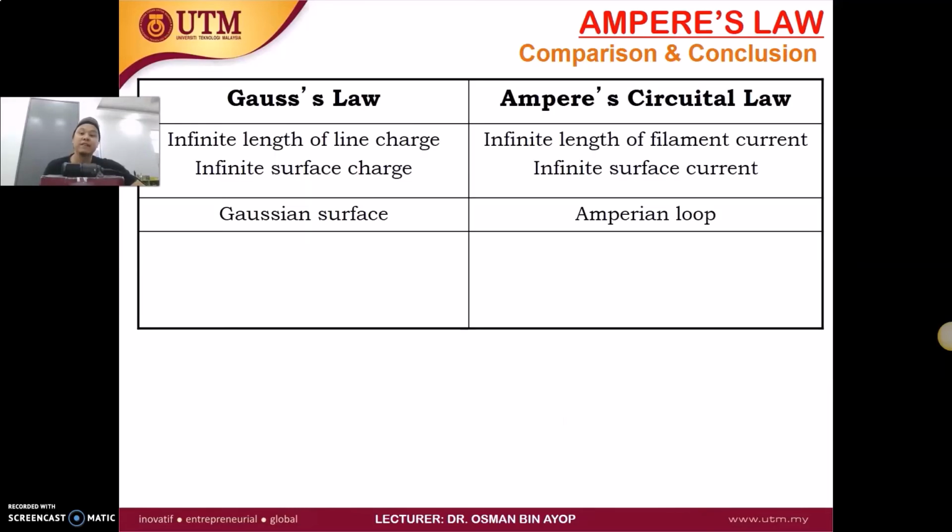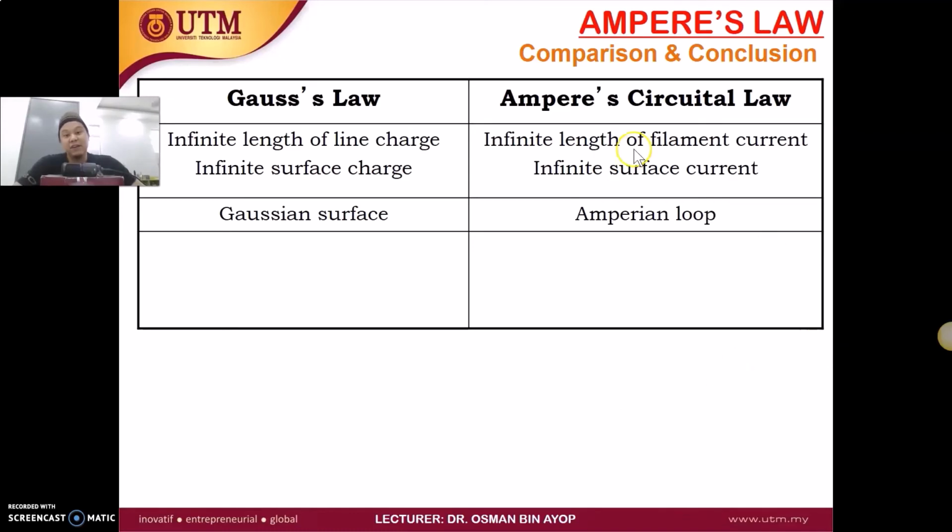So as a comparison and conclusion, let's see the similarity between the Gauss law and Ampere's circuit law. For the Gauss law, we analyze an infinite length of line charge or infinite surface charge, or we can analyze symmetrical charge like a spherical charge.